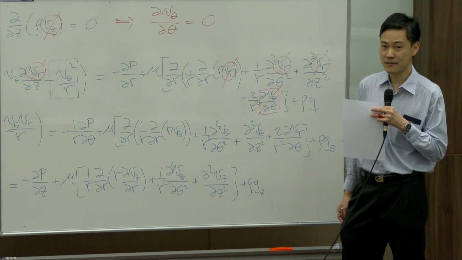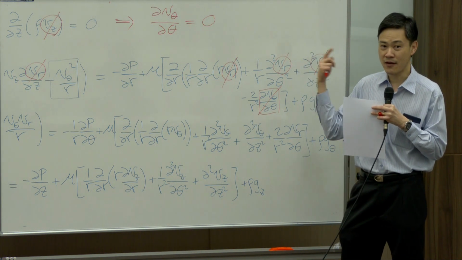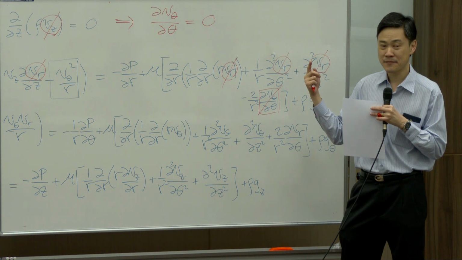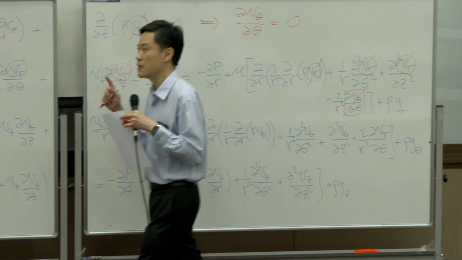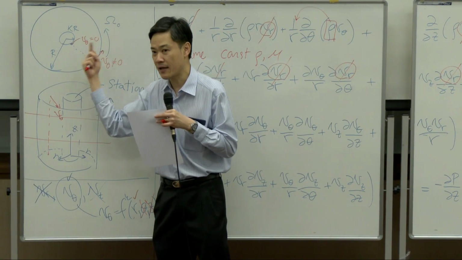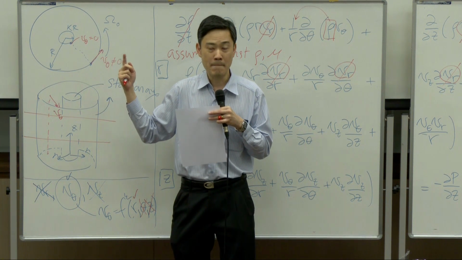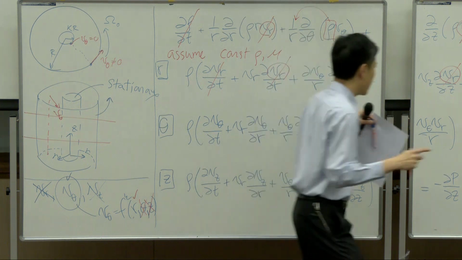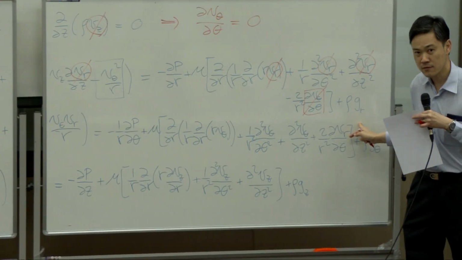Think about this. You're rotating. Is there any gravity in R direction? Don't be confused, okay? Some of you might have a perception that when you rotate like this, there's centrifugal force. But this term is external force.